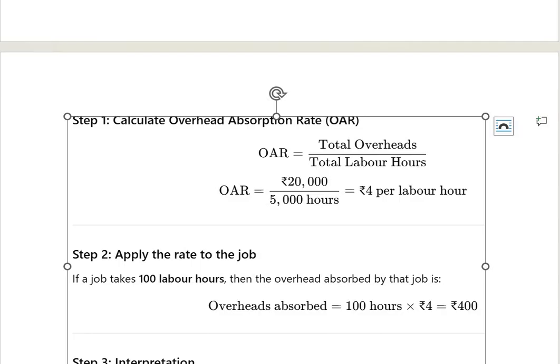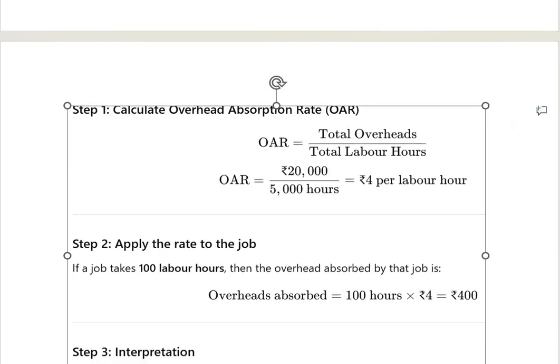So 20,000 divided by 5,000 hours gives rupees 4 per hour. That is called the overhead absorption rate. The question asks for the cost for 100 hours. So 100 hours into rupees 4 per hour gives rupees 400. It is nothing but the overhead cost for the particular labor.